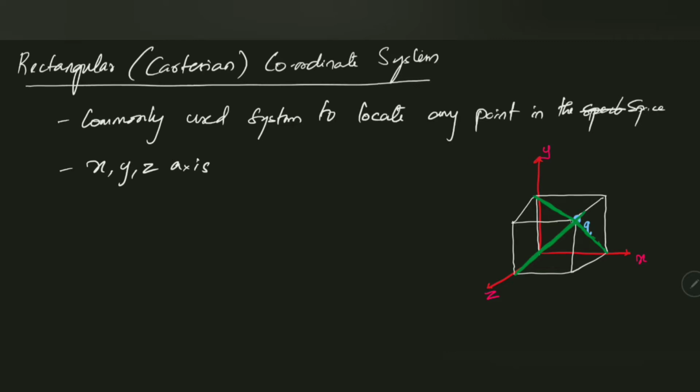So this q can be represented as a point where the xyz axes intersect, drawn perpendicularly from here. It may not look like a perpendicular line, but it is a perpendicular line. That is, you have to draw a perpendicular line from the axis so that it reaches the point correctly.